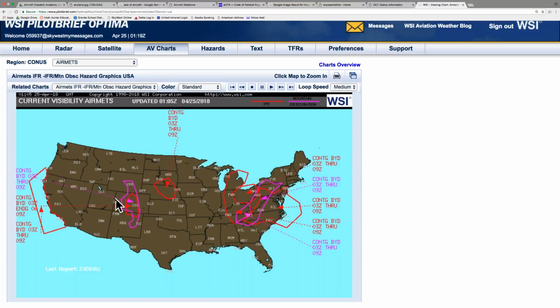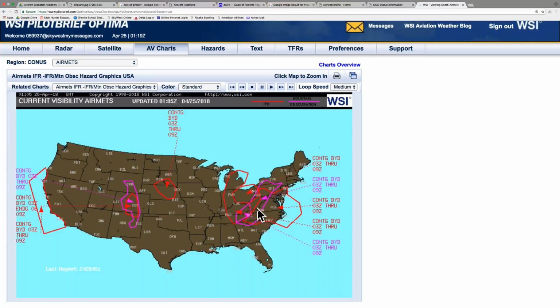But what this chart is telling us is that airports under these areas, we can expect to see limiting lower visibility. So these are the areas where we could possibly have alternate requirements, or even not be legal to go.